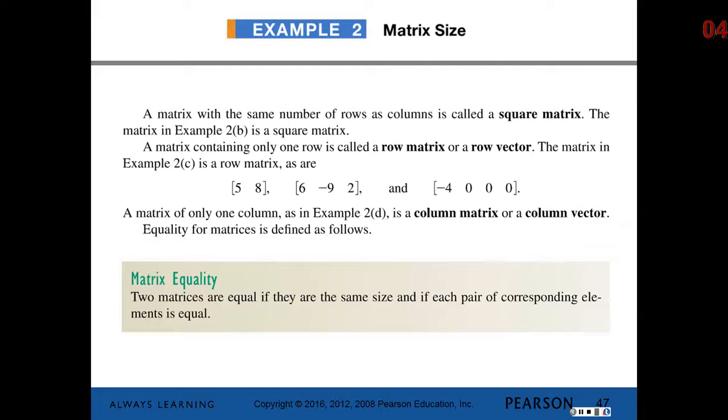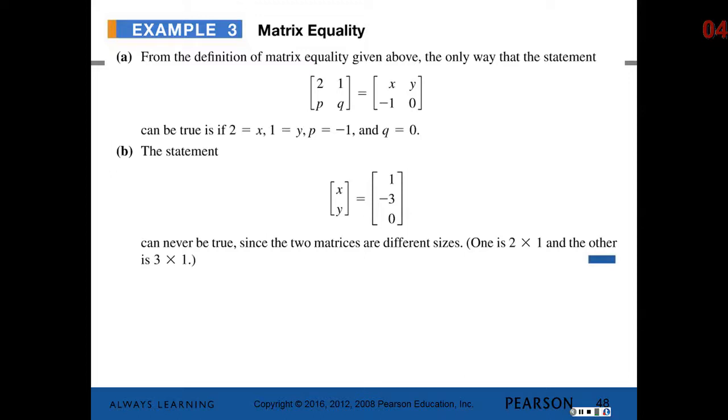So if we have the matrix in part A there, 2, 1, Q, P, Q, and then X, Y, negative 1, 0, that's only going to be truly an equality if X has the value of 2, Y has the value of 1, P is negative 1, and Q is 0. So those elements have to be identical for them to be equal.